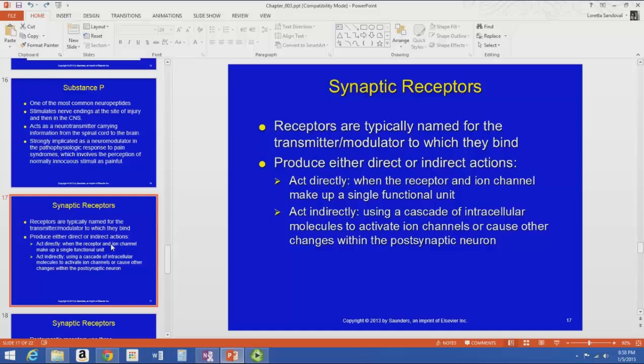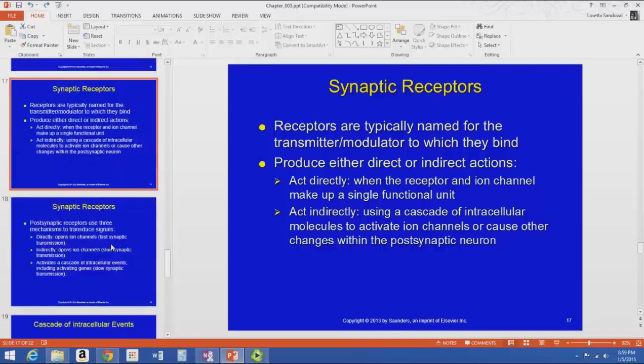So when they act directly, the receptor and the ion channel are a single functional unit. So when the neurotransmitter or neuromodulator binds to it, it opens an ion channel. That's that fast-acting direct receptor. The ones that act indirectly stimulate a cascade of intracellular molecules that either activate ion channels or cause other changes in the postsynaptic neuron.